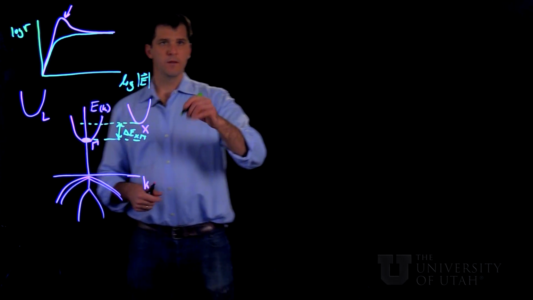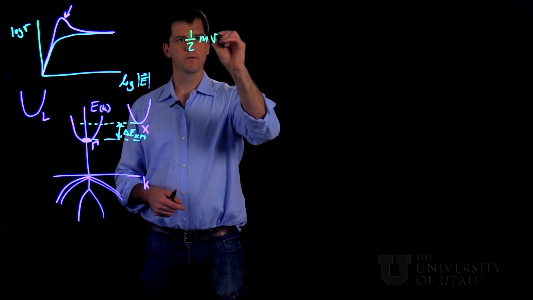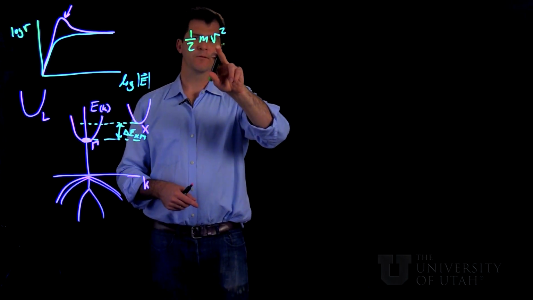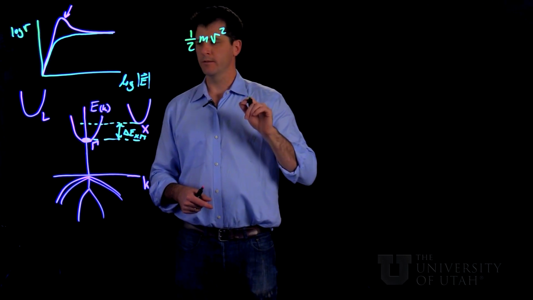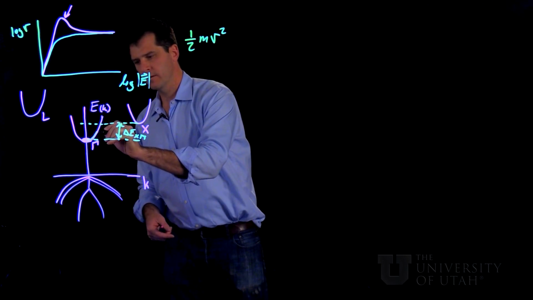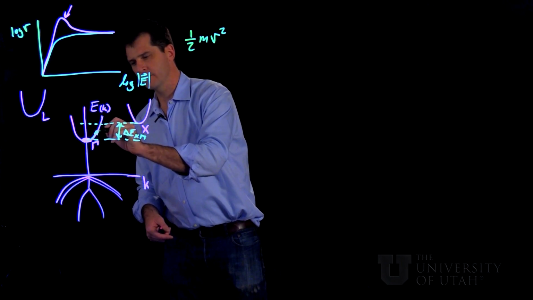And if we think about the kinetic energy of the electron, as it goes faster and faster, this kinetic energy will increase, and you'll be moving up on this E-k diagram to fill states here.